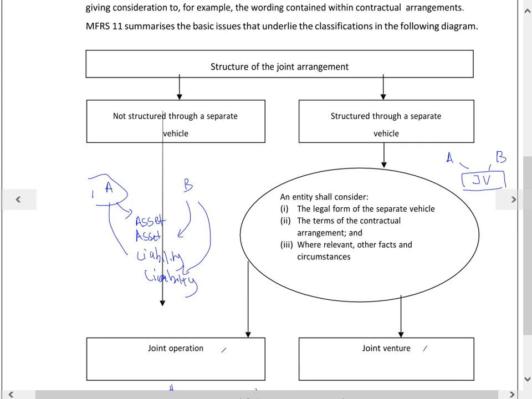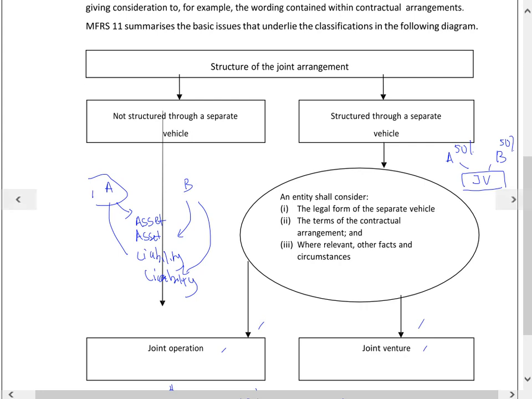Structured through a company, and we own 50%, 50%. Joint control. This one can be joint operation, or it can be joint venture.